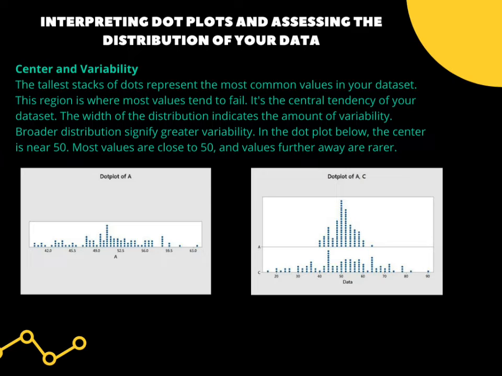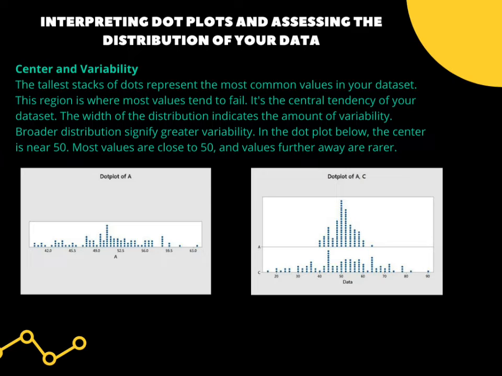The width of the distribution indicates the amount of variability. Broader distributions signify greater variability. In the dot plot below, the center is near 50. Most values are close to 50, and values further away are rare. Develop an idea of the data's variability by looking at the distance between the minimum and the maximum bins.